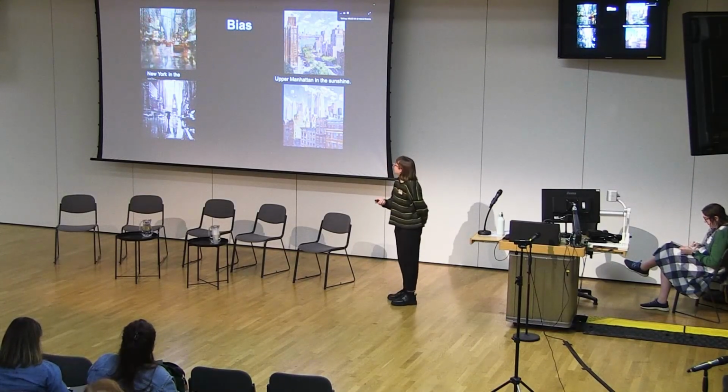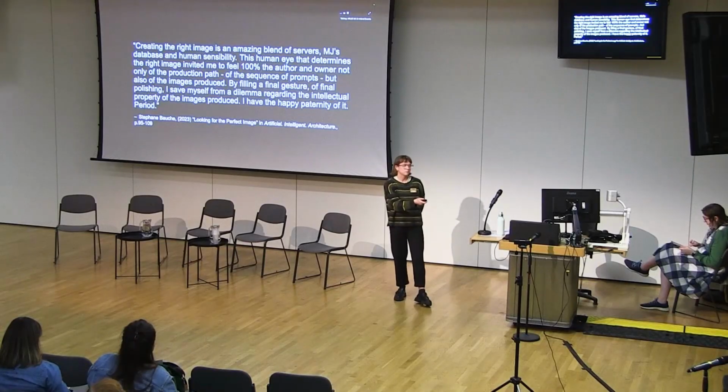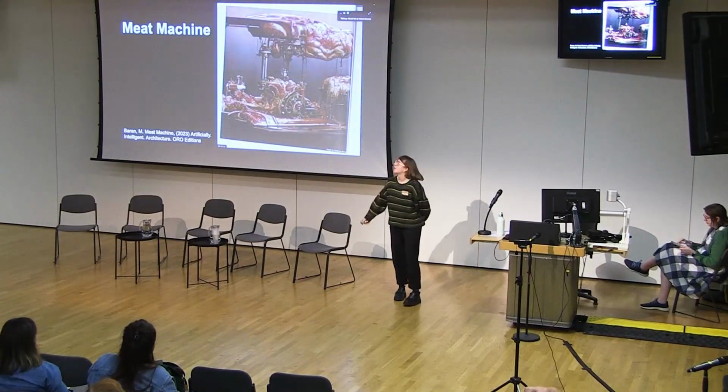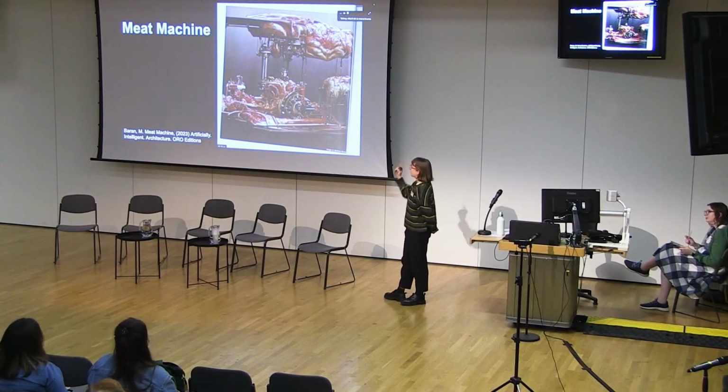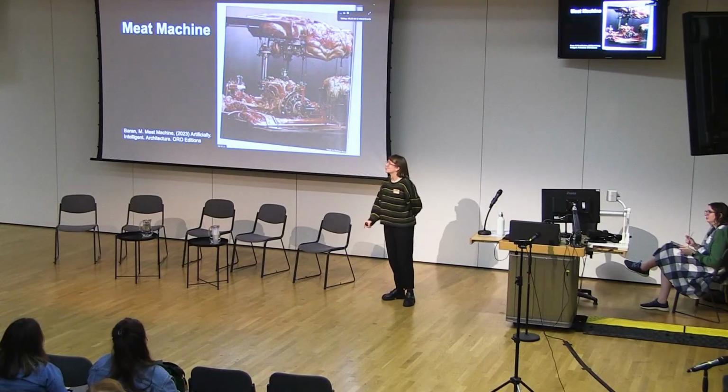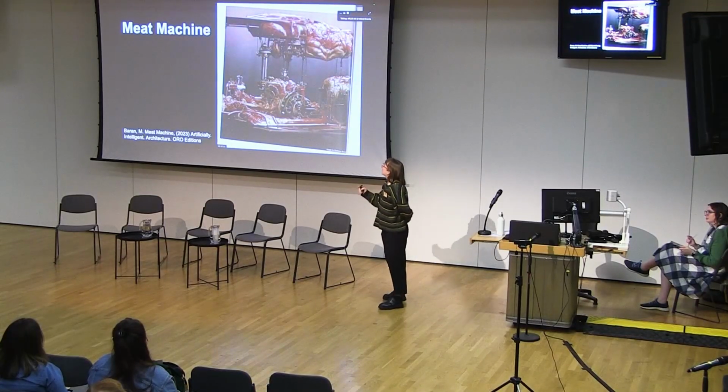Another element of bias that's really important to consider, which Matt Barron highlights and Stefanie has talked about in her previous lectures as a thought experiment, is the idea that these AI text-to-image tools have not-safe-for-work filters on them.